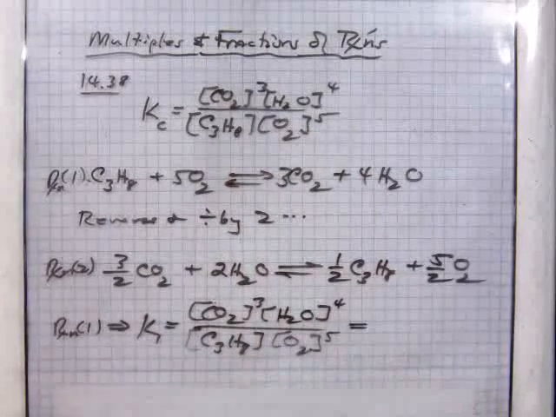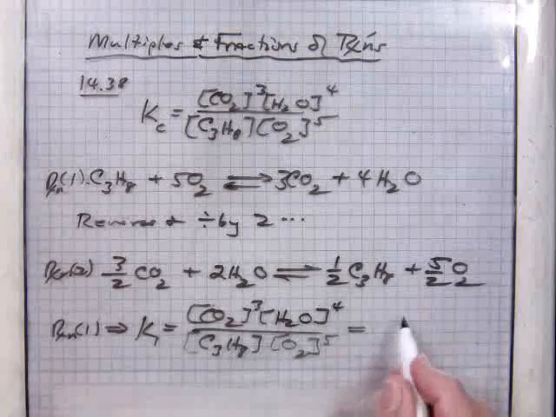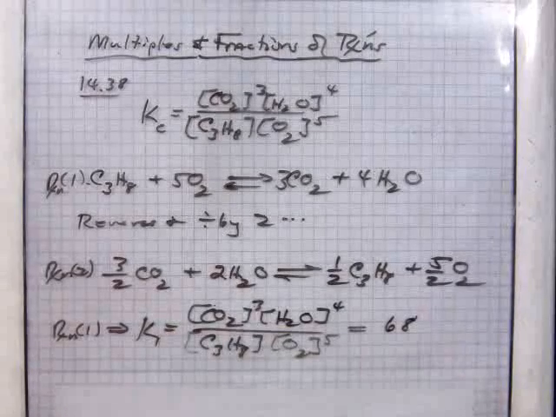Now let's say that equilibrium constant is 68. Whatever it comes out to be, it's 68.